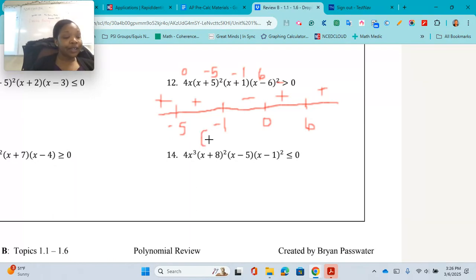It starts at -infinity. It does not include our zeros, so we have to stop at negative 5, parentheses, and negative 5 to negative 1.